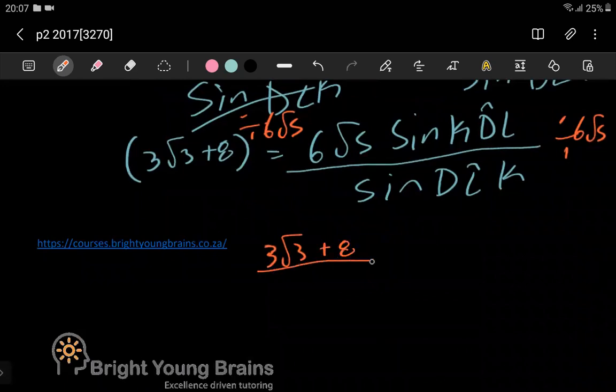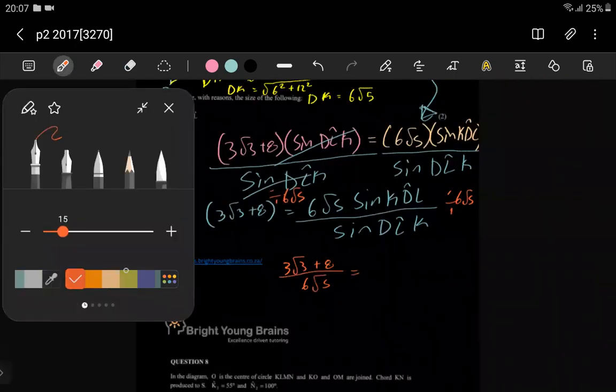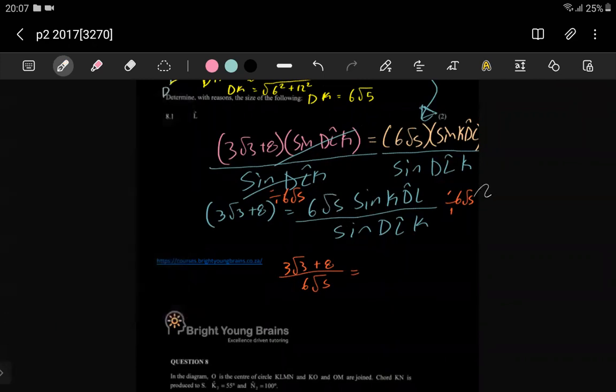This you're dividing by 6 square root of 5, so it's going to be at the bottom. And on the right side, since you divided by 6 square root of 5, the 6 square root of 5s cancel out, and you're left with sine KDL over sine DLK.